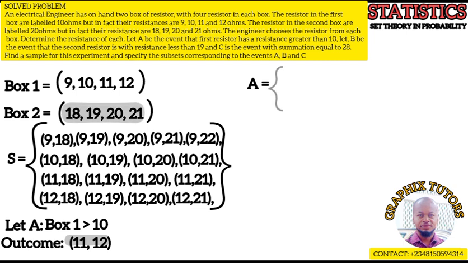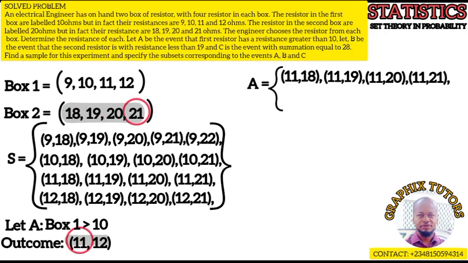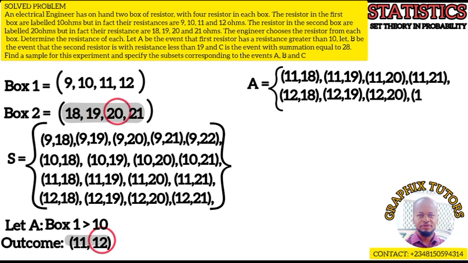So we have 11 paired with 18, 11 and 19, 11 and 20, 11 and 21. I'll go to 12 again: 12 and 18, 12 and 19, 12 and 20, 12 and 21. So this is my subset A. We are done with that condition.